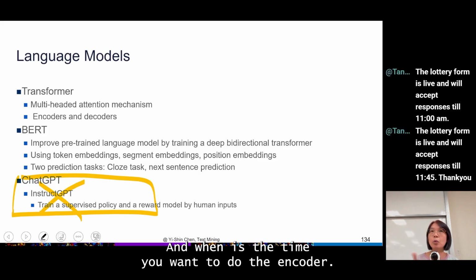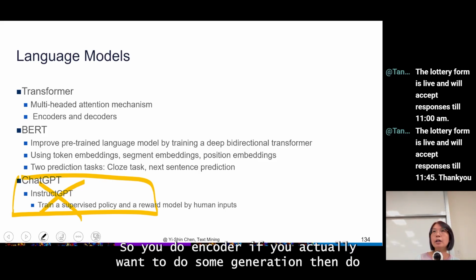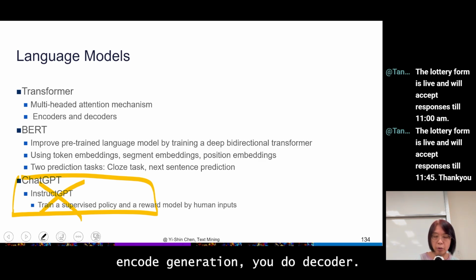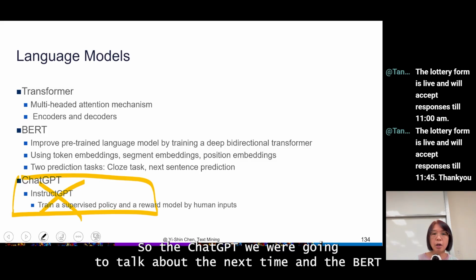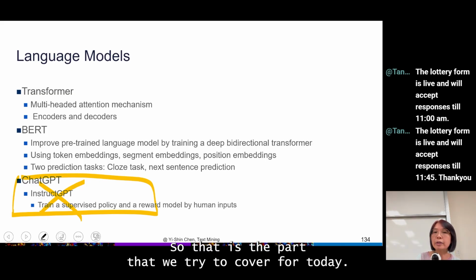When do you use the encoder? If you only want to understand the language itself, you use the encoder. If you want to do generation, you use the decoder. ChatGPT we're going to talk about next time. And BERT has two different types of tasks, cloze text and then next sentence prediction. Okay, so that is the part that we tried to cover for today.